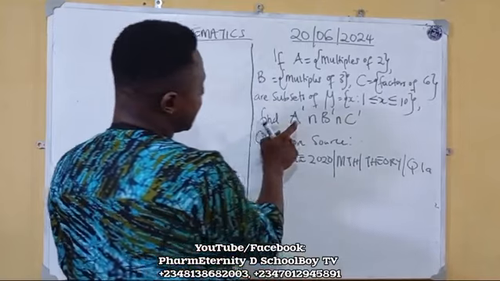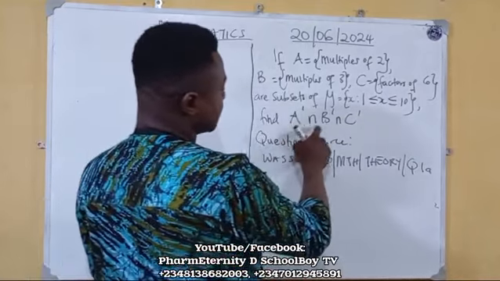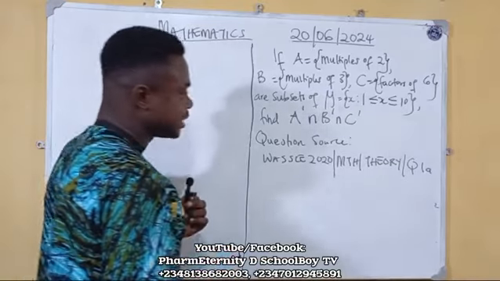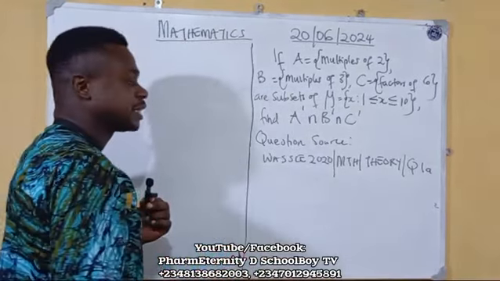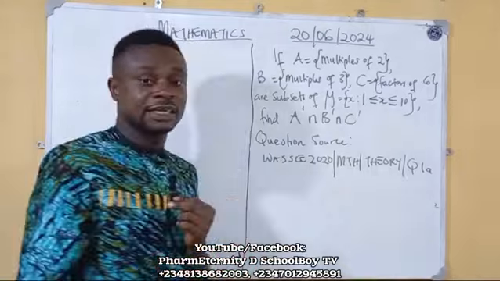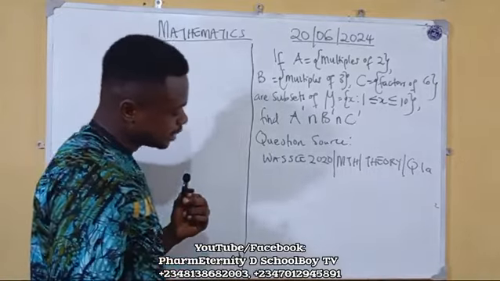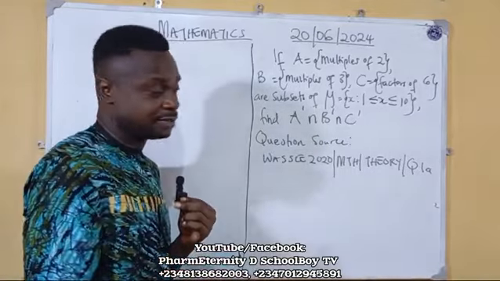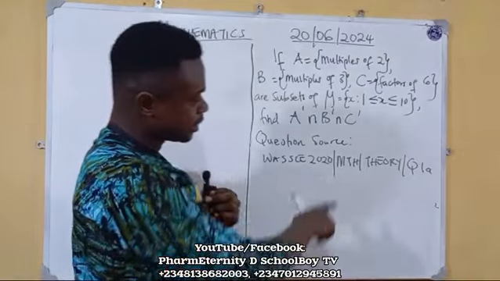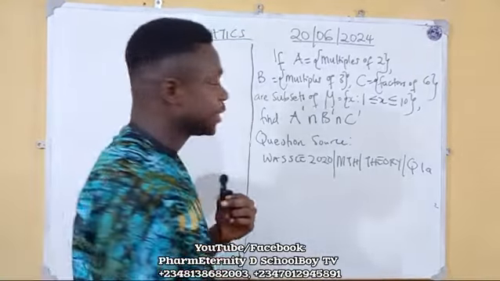Find A prime intersect B prime intersect C prime, or A complement intersect B complement intersect C complement. The question source is WASSCE 2020 Mathematics, Theory Part, Question 1A.